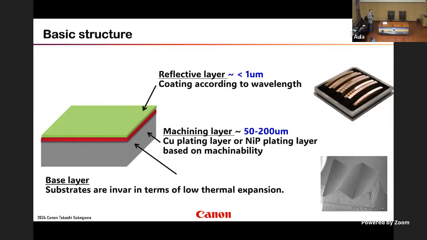So usually you can expect low expansion from the base material. And we machine this layer like that. So you can see a copper color on the surface of the optics. And after the machining, we put on the reflective layer, meaning just coating of aluminum or silver, gold, something.